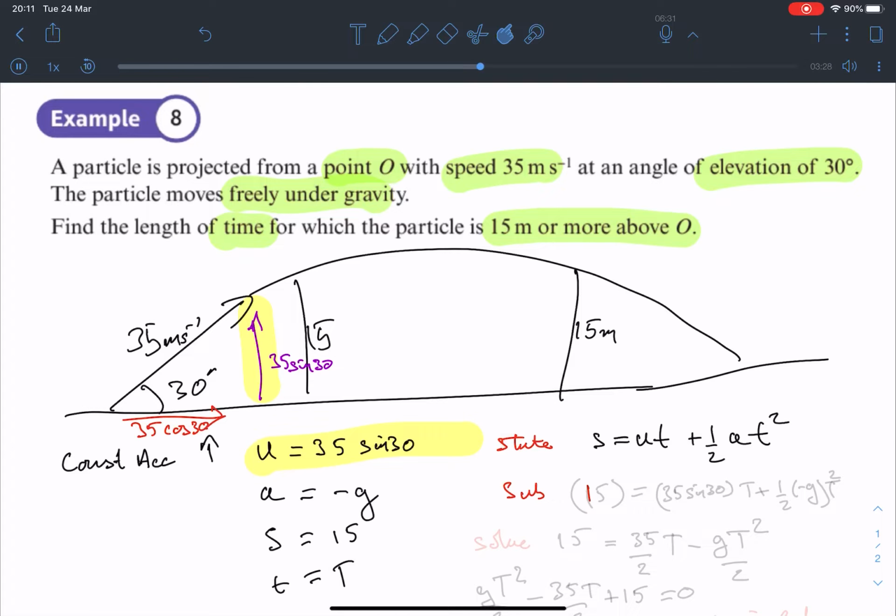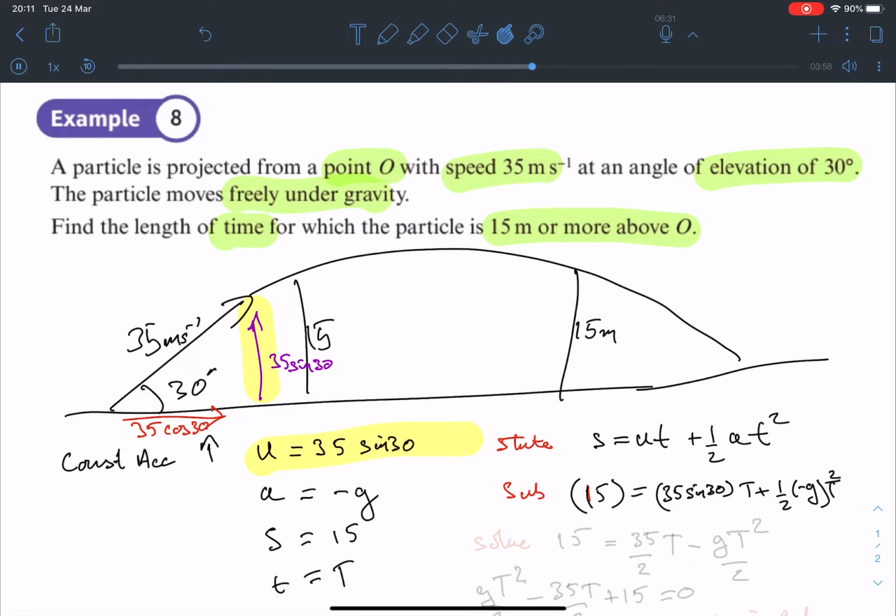Whoops, change the colour back. s equals 15 equals u, which is 35 sine of 30, t plus a half, acceleration which is minus g, t squared.